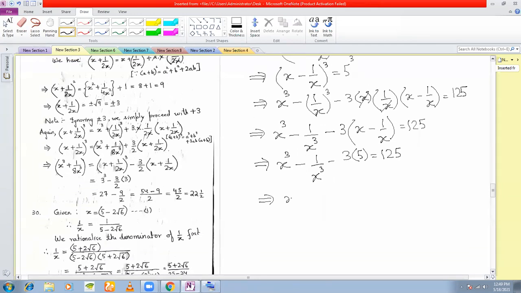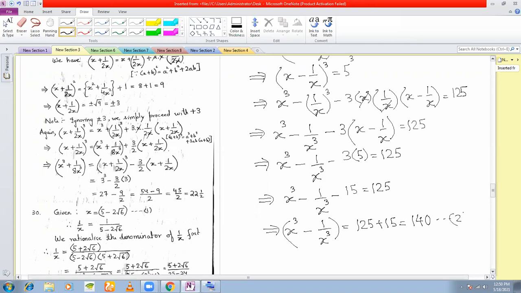That means x cube minus 1 by x cube minus 15 is equal to 125. That means x cube minus 1 by x cube, you take 15 on the other side, you get 125 plus 15, which is equal to 140.